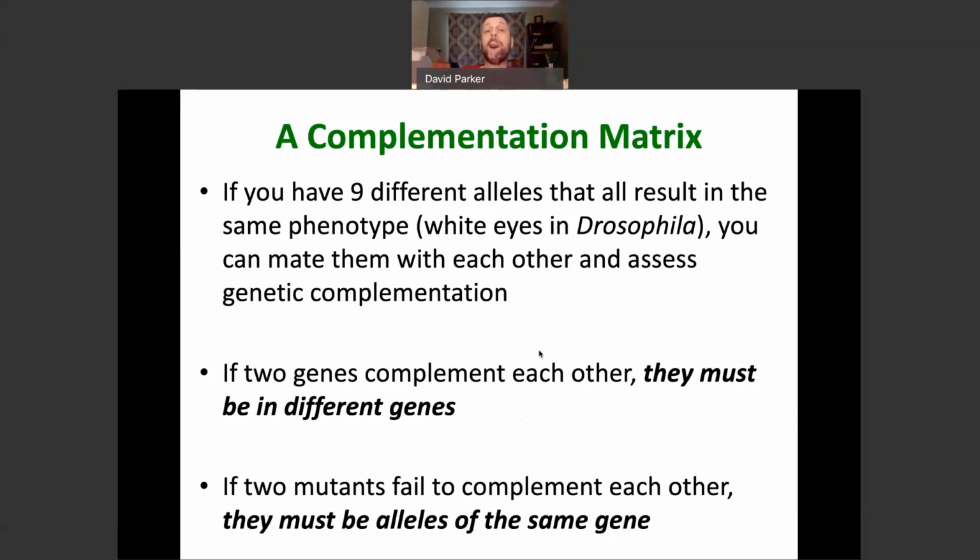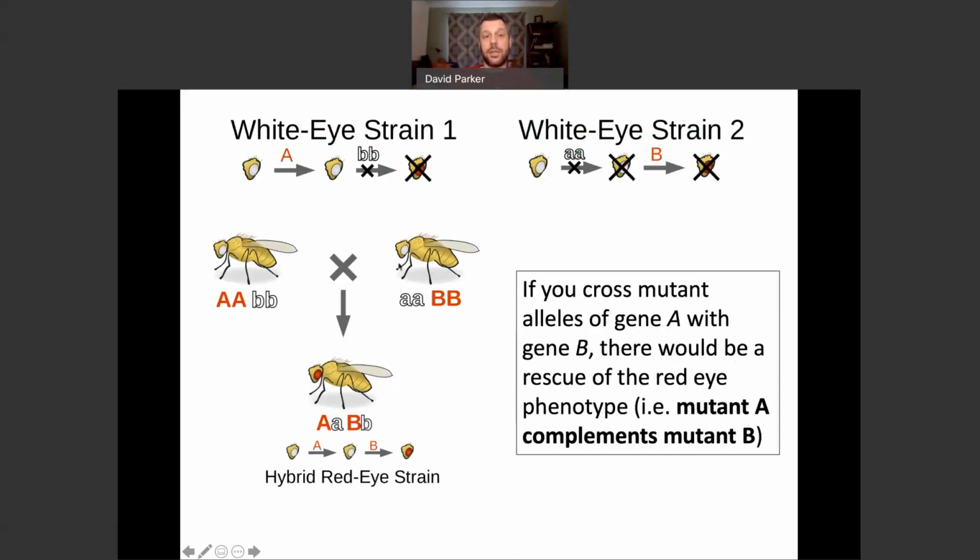And if there's a complementation, in other words, if the flies that result from that cross have red eyes, I know that the 2 white-eyed flies have mutations in different genes, right? Because it's just like this situation.